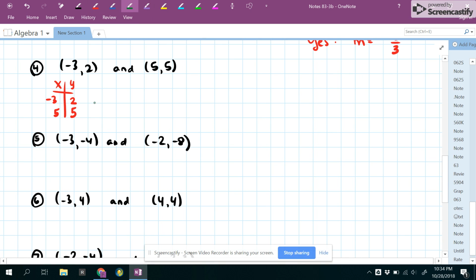So change in y's is 3. Change in x's is 8. So our slope is 3 over 8.